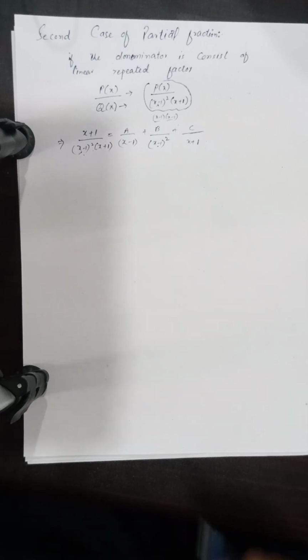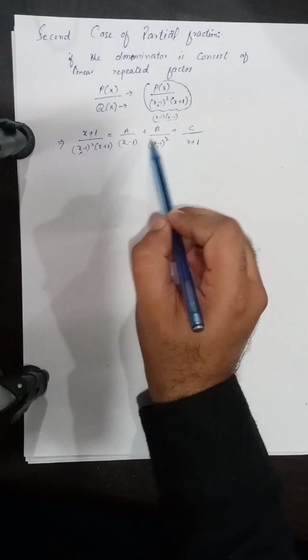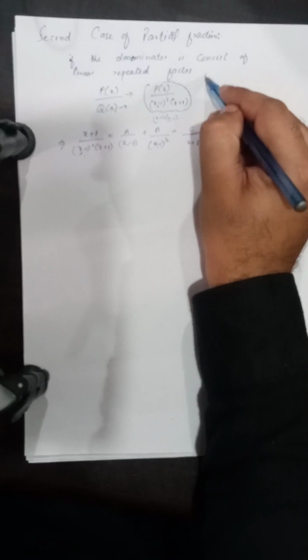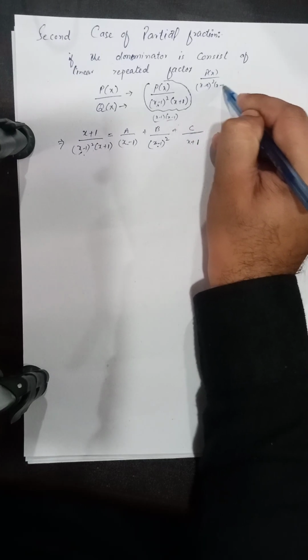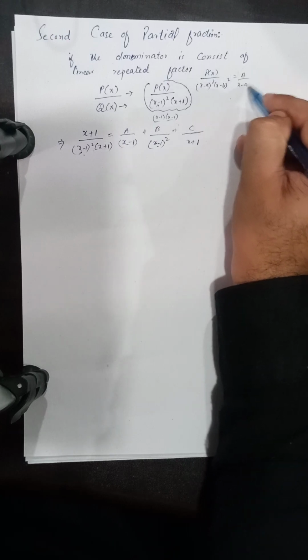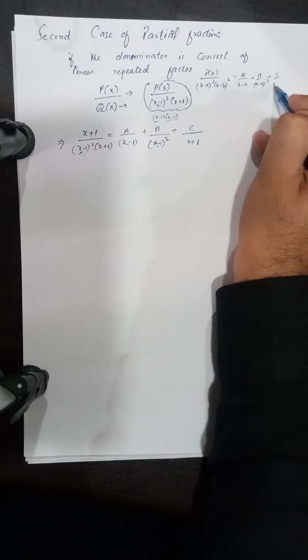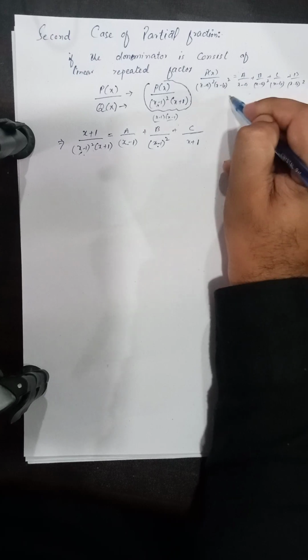This way we will split the function if the denominator consists of linear repeated factor. For example, for p of x over (x minus a) whole square into (x minus b) whole square, it will be a divided by (x minus a) plus b divided by (x minus a) whole square plus c divided by (x minus b) plus d divided by (x minus b) whole square.